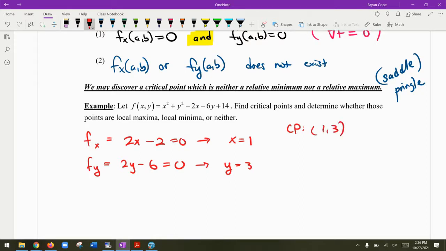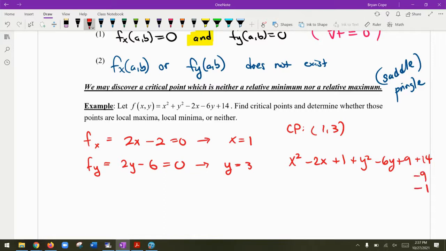Now, eventually we'll learn about how to test this point using the second partials test. We'll get to that in just a second. But for now, if you don't have that, we just need to think about the structure of this. And you might recognize this as a paraboloid, right? So I'm going to complete the square on it, and we'll reveal what's happening at that point. So we've got x squared minus 2x plus 1 plus y squared minus 6y plus 9 plus 14, minus 9, and minus 1, right?